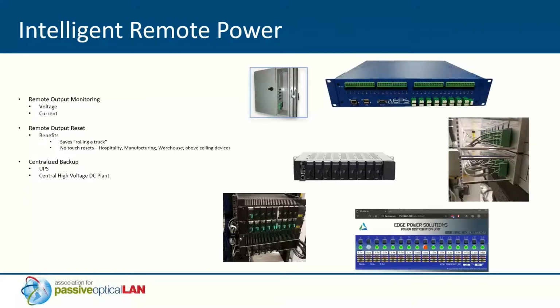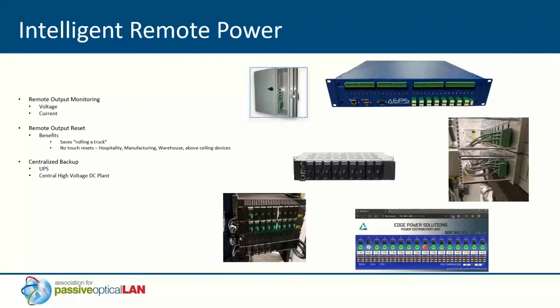As I mentioned, within that remote power, there have been some new advances, especially in intelligent power. And what that means is that you now have the ability with certain installations to remotely monitor the voltage or current being used at an endpoint, and to remotely monitor fault status, so if there's a short or something like that on that power line, you can see what caused that fault.